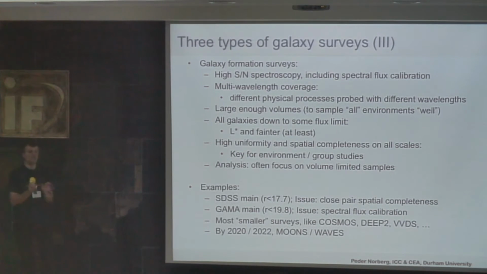It's just the spacing, 55 arc seconds. You're like, does that matter? It does if you study groups and so on. It has a huge impact on small scales. So that's one of the things where you see instrumentation coming back to you again. GAMA main sample, spectral flux calibration for spectra is not good at all.